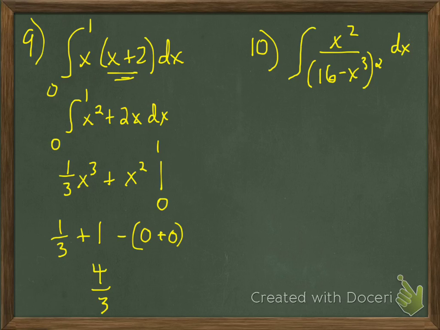Next one, definitely a chain rule. Don't worry about the denominator. Just follow your chain rule steps and see if stuff goes away. Solve for dx.